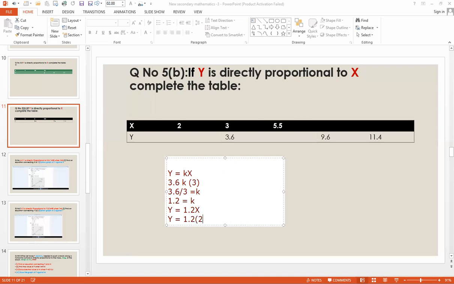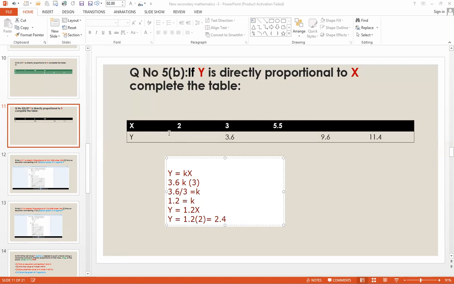Then simply multiply, and you will get your answer 2.4. Okay. And then you have to put this 2.4 here in the table.